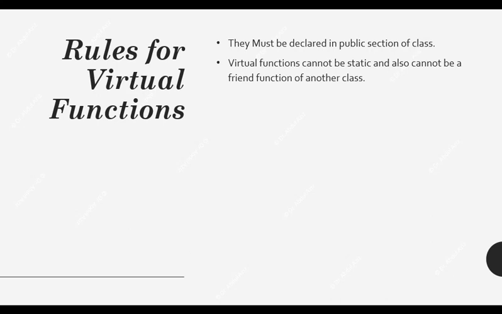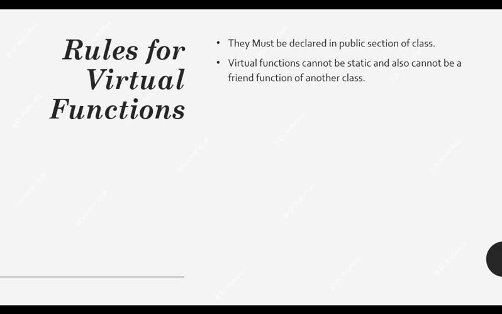Remember, you cannot make virtual functions static. You cannot declare them as friend because they are not friends, they are part of the class, part of the hierarchy, and they will be accessed using the child class.